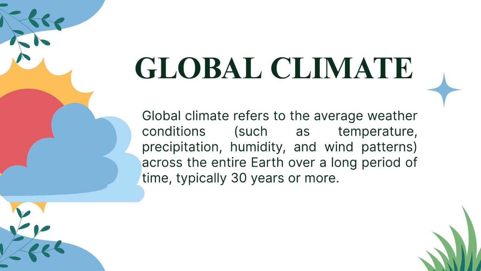This determines the overall environmental conditions on Earth, influencing ecosystems, agriculture, and human activities. It is very important for us to understand global climate because it helps in predicting climate change trends and planning for natural disasters.